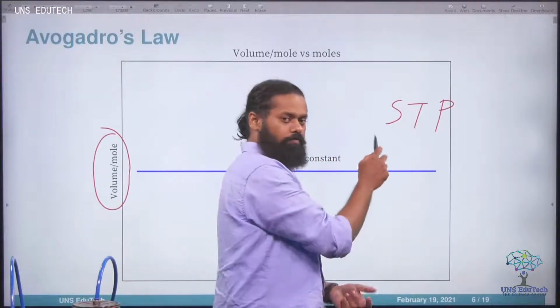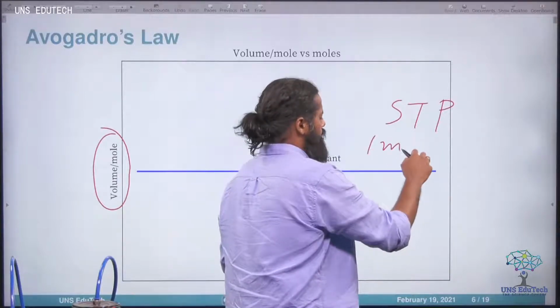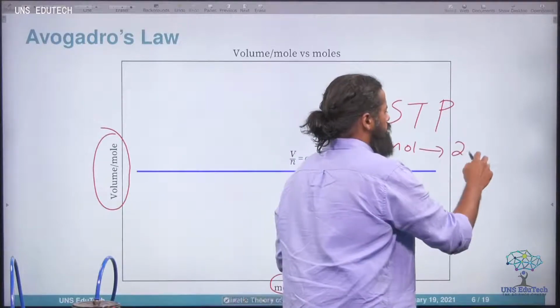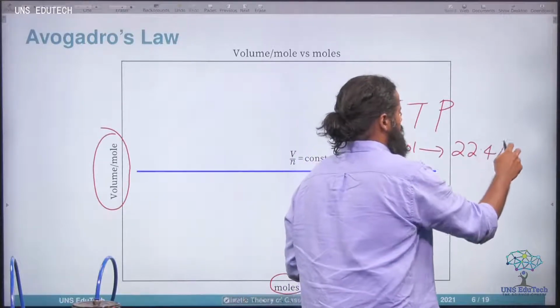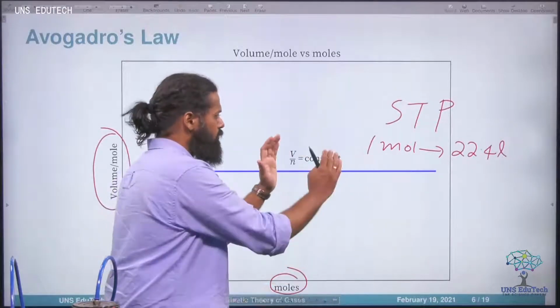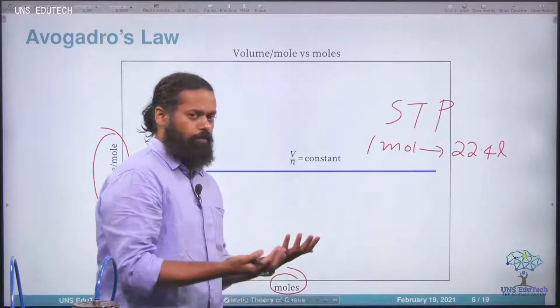So if you are maintaining STP, 1 mole of gas will occupy 22.4 liters. In this condition, 1 mole means Avogadro number, 1 Avogadro number of particles. Avogadro number, all of you know, you studied.